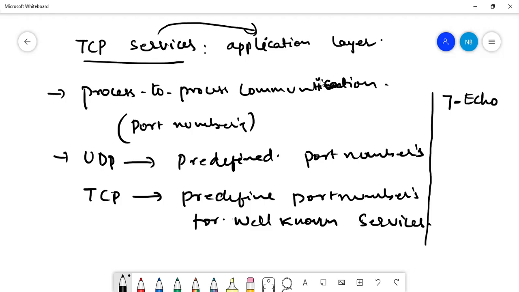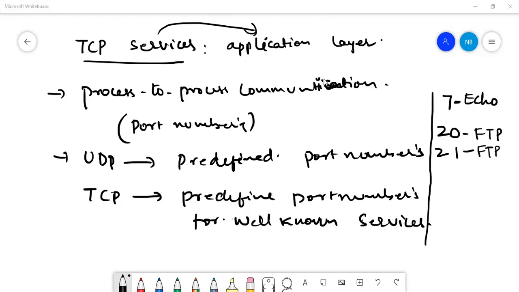And the well-known port number as part of TCP is 20, that is the FTP service. 20 and 21 are both used for FTP. 20 is for FTP to transfer the data. 21 is the port number which is used for controlling the data which has been transferred.